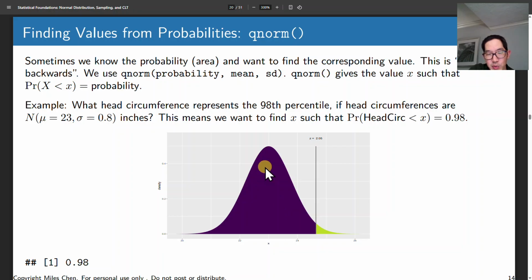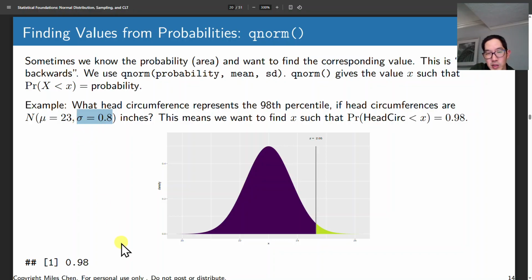So for example, say head circumferences, if you measure the circumference of someone's head. I made up these numbers, but let's say the mean head circumference is 23 inches and the standard deviation is 0.8 inches.